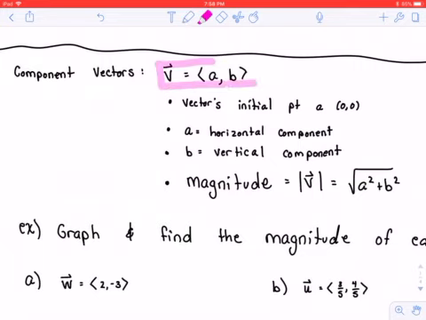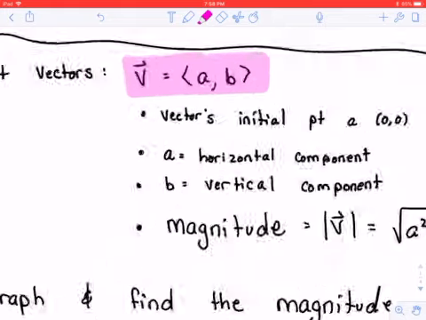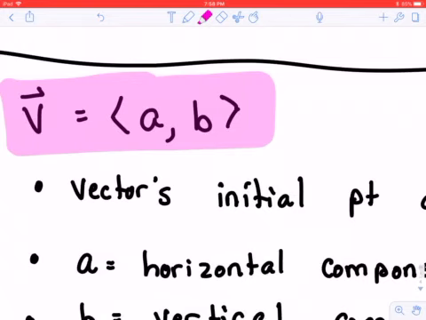And notice in this component vector form, we don't have points. I mean, it looks like it's a point, but pay attention to the fact that what we normally have as parentheses are actually sharp corners. The fact that I don't have parentheses there represents that this is not a point, it's a vector, and it's in a component form.